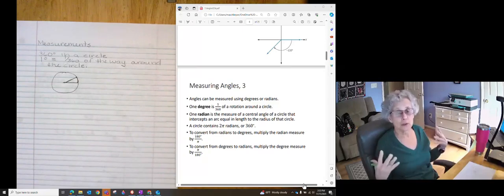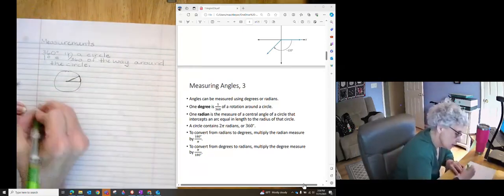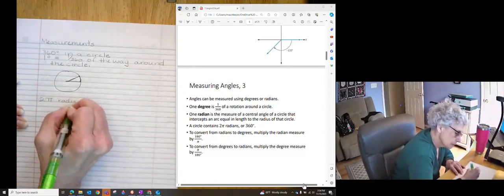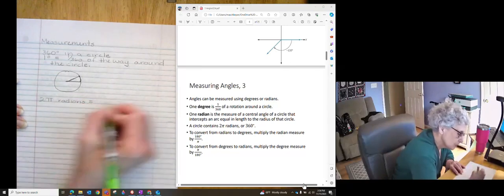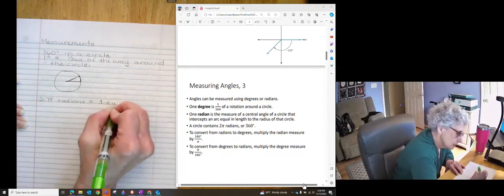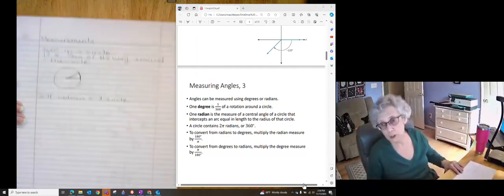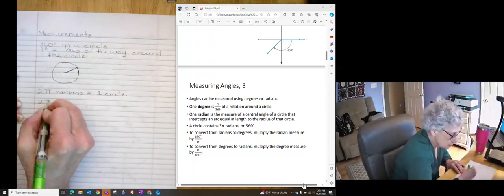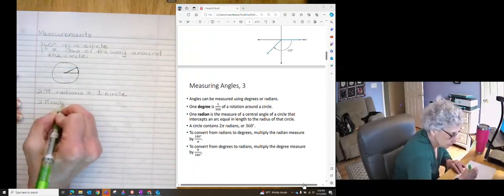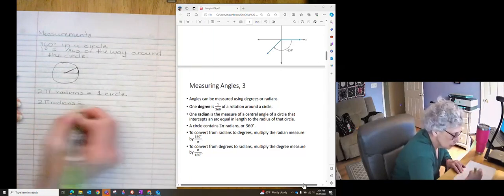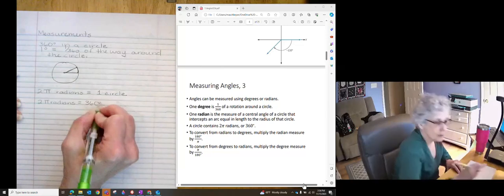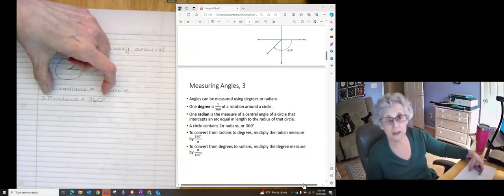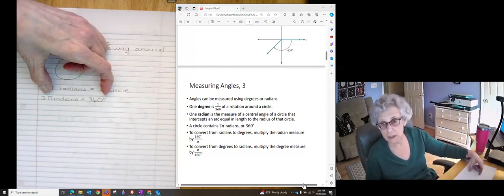What's important for you to remember is that 2 pi radians equals 1 circle. 360 degrees is a circle. So 2 pi radians is 360 degrees.